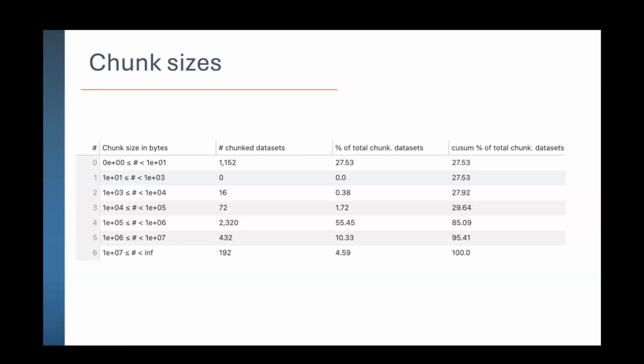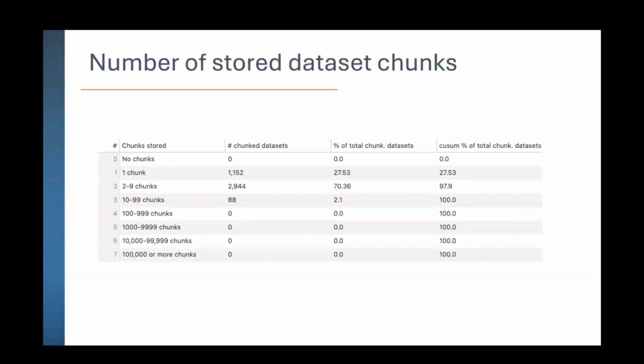And again, if we went to a higher page size, these files would grow in size too much. And so this is an interesting case, definitely. Number of stored dataset chunks, as you can see, there's a lot of them that have only one chunk, and the number is exactly the number of datasets that have chunk sizes of less than 10 bytes. So you know what this means.